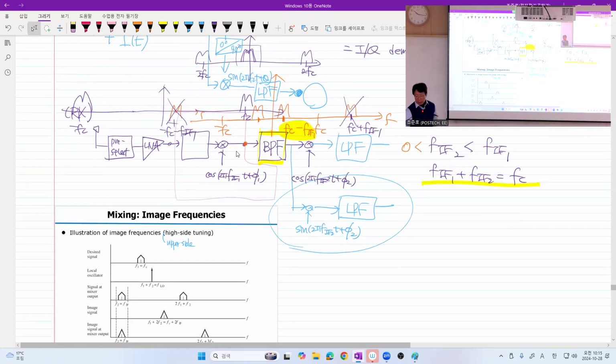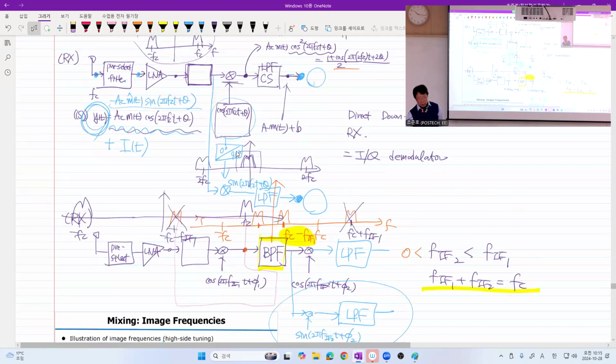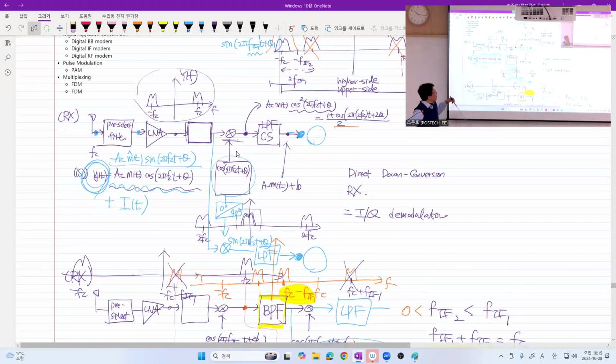The problem is that, unlike the direct down conversion receiver, we have a problem, the so-called image band problem or image frequency problem. Let's see why.